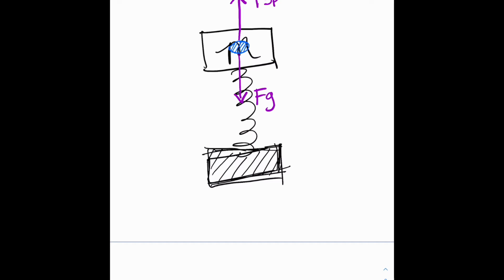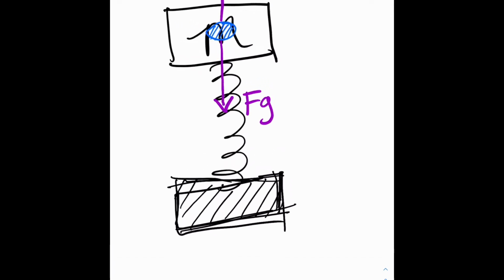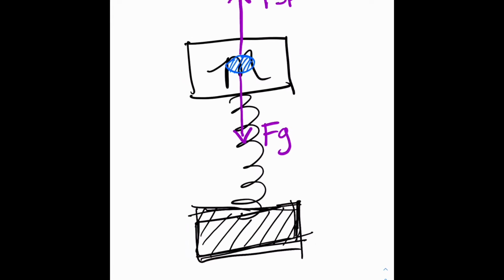I don't like normal here because we can be more specific than that. The surface that is returning the normal force is a spring, so let's use force spring. That's why. Okay, so we have this right here going on. There are no other forces going on here. There's no normal force because the normal force is the force spring. We just called it force spring to be a little more exact.